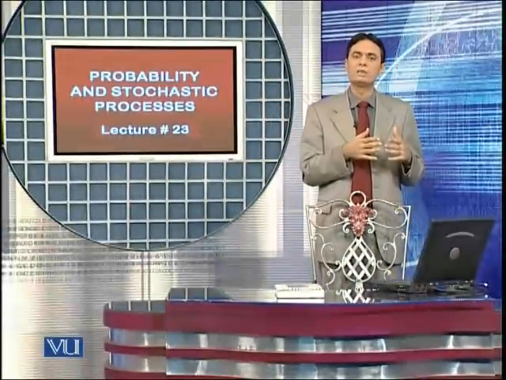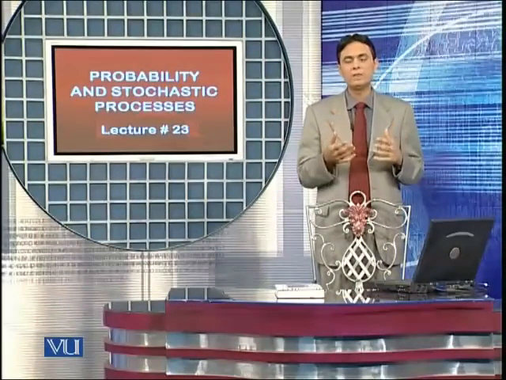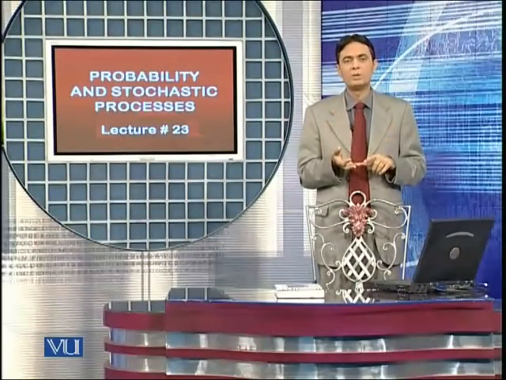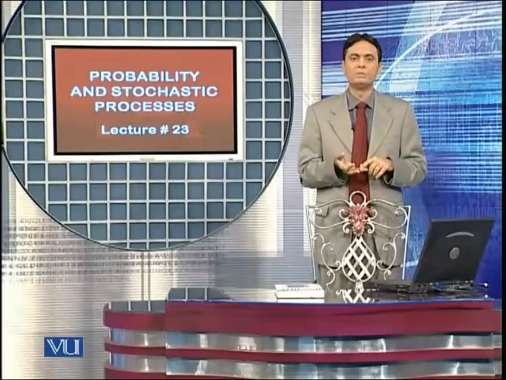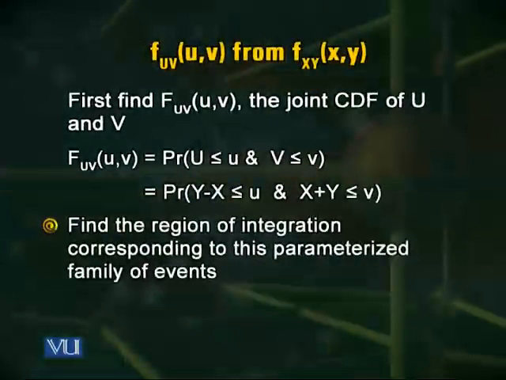Different CDF means the value of CDF for different values of parameters small u and small v. So if we want to find the value of CDF for a certain pair of values of small u and small v, then you are trying to find the probability of this event that random variable u is less than the value of small u and random variable v is less than the value of small v.